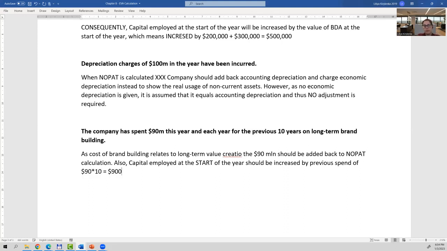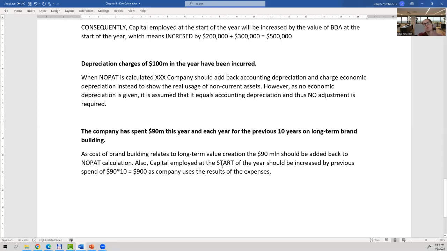So only for previous years, as the company uses the results of the expenses. So then it would be wise to charge depreciation. So we would depreciate or amortize that 900.